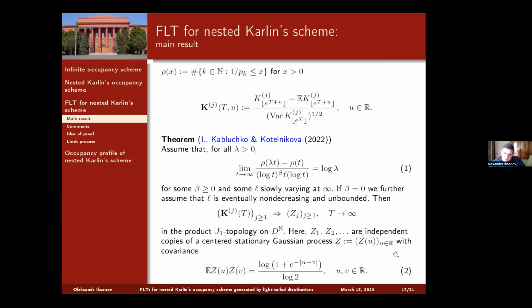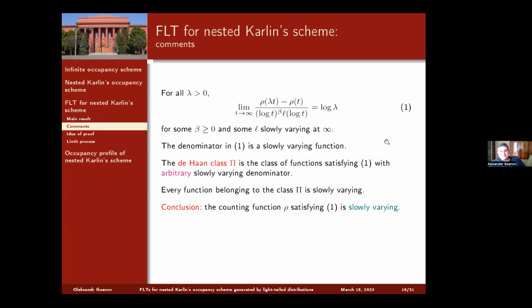And now a few remarks are in order. The denominator in formula 1 is a slowly varying function. I recall that the de Haan class, usually denoted by Pi, is a class of functions satisfying relation 1 with arbitrary slowly varying denominator rather than the particular denominator given here.